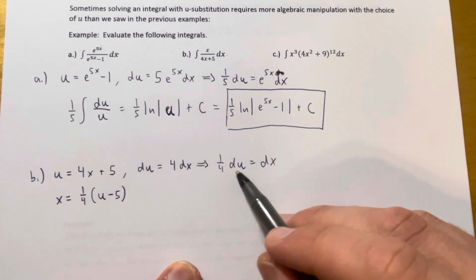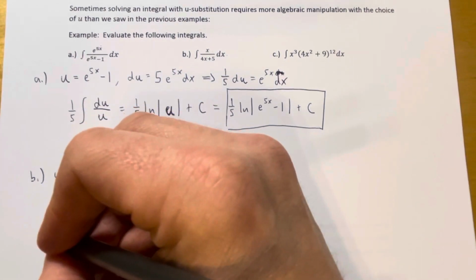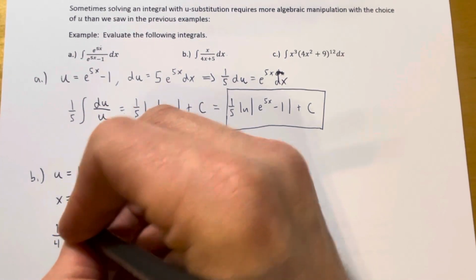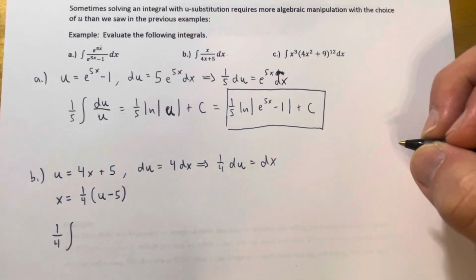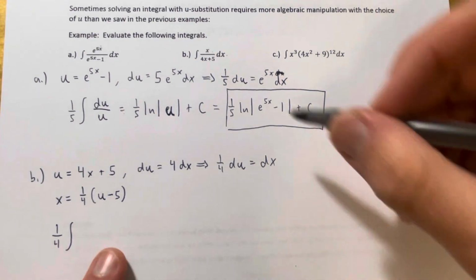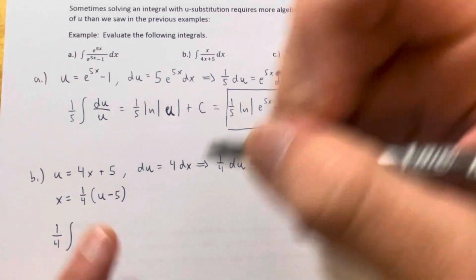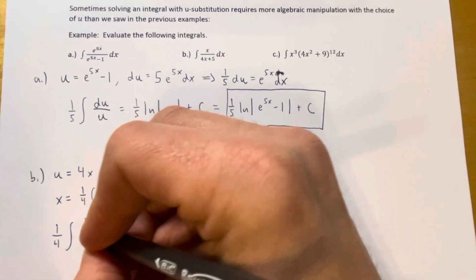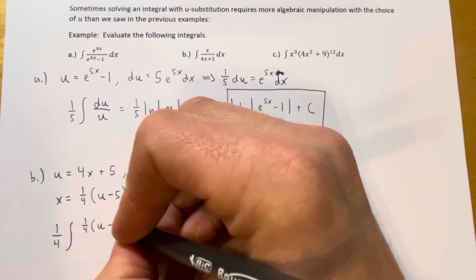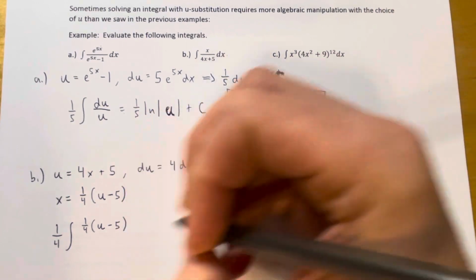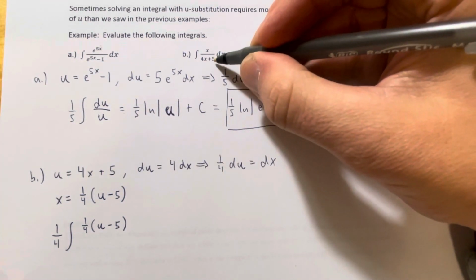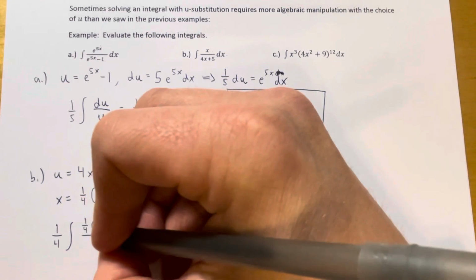We have a 1/4 du, and the 1/4 can come out of your integral like this. And then my numerator, which was just x before, turns into this, 1/4 times (u minus 5). My denominator, remember, my entire denominator is what I chose to be equal to u.